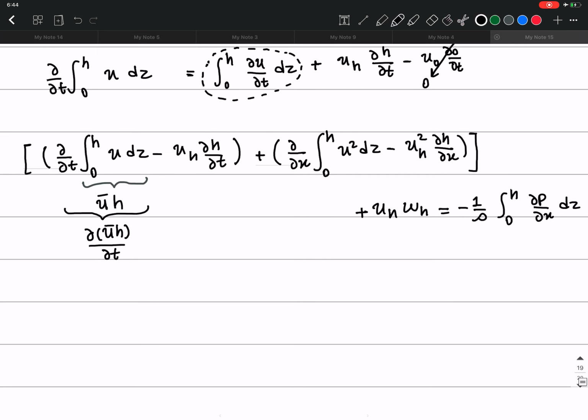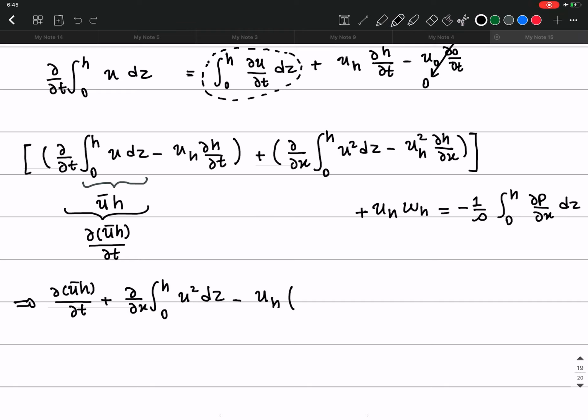And so what we have is as follows: partial u bar h over partial t plus partial over partial x of the integral from 0 to h u square dz minus, and then I'm going to factor out u_h here, which will lead to, so what do we have here? The first term, let me just make sure we have this.